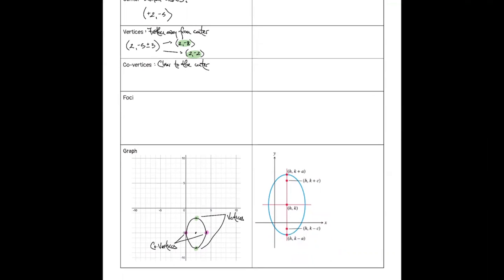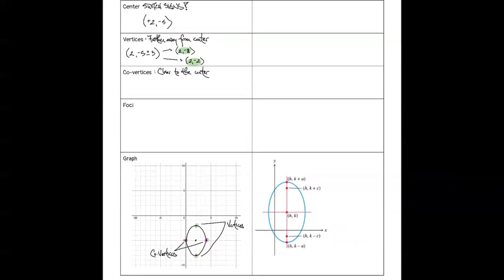All right. How could I write a similar equation to find the co-vertices? Good, good. Okay. So keep in mind that we have to keep the center, right?